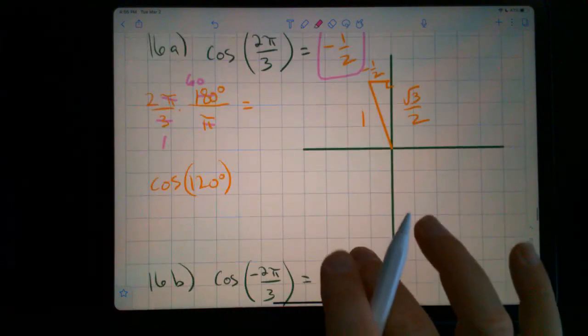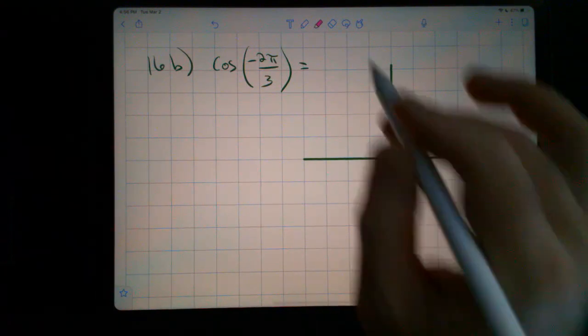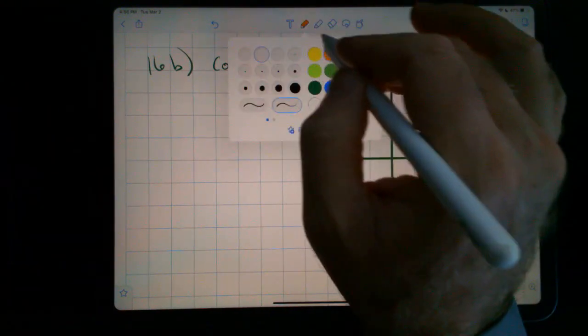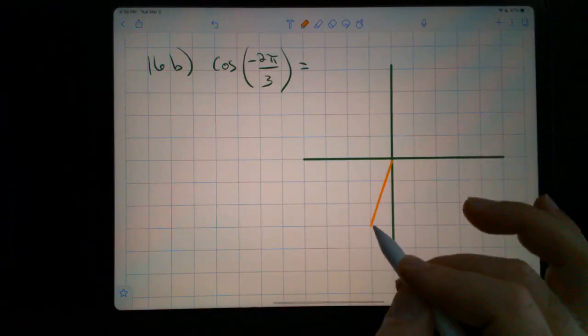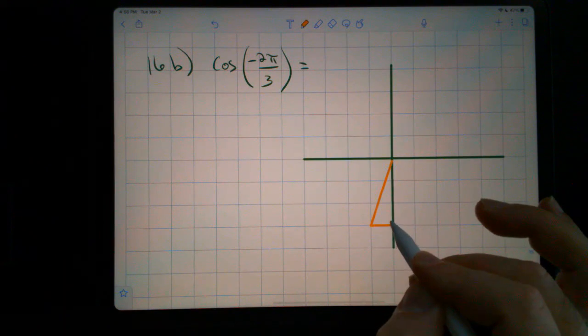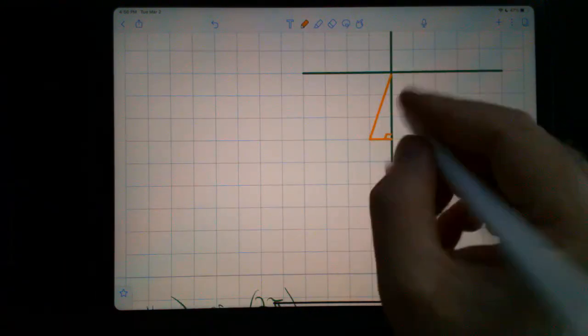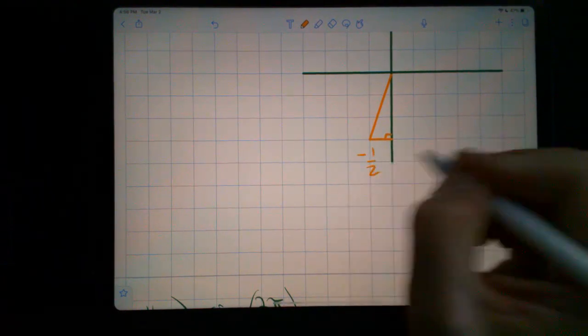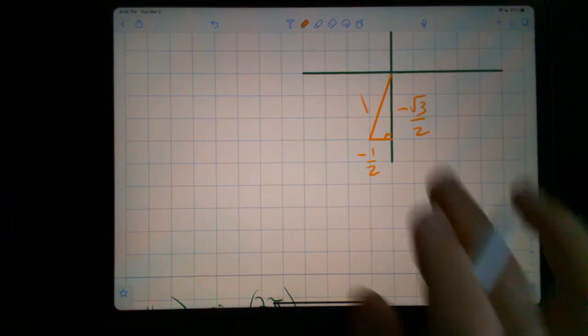Cosine of negative 2 pi over 3, okay, that's going to give us negative 1/2 in the x direction, negative radical 3/2 in the y direction, and a hypotenuse.